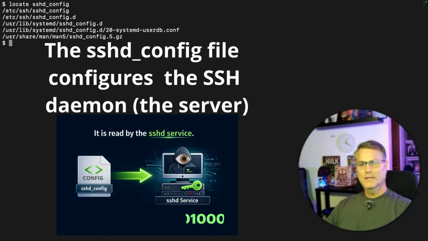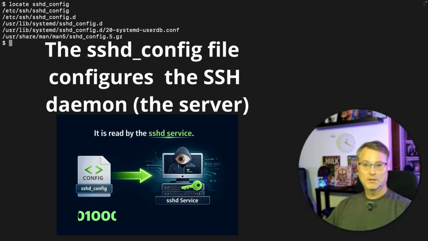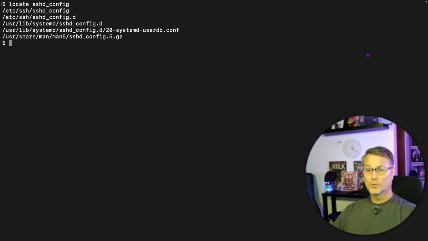Now, it's read by the sshd service, and changes to this config file affect how the machine accepts SSH connections, which means we need to be careful. Now, in a real system, you might be modifying a file like /etc/ssh/sshd_config. But for our demo, we're going to work on a copy so that we don't accidentally break our SSH service.